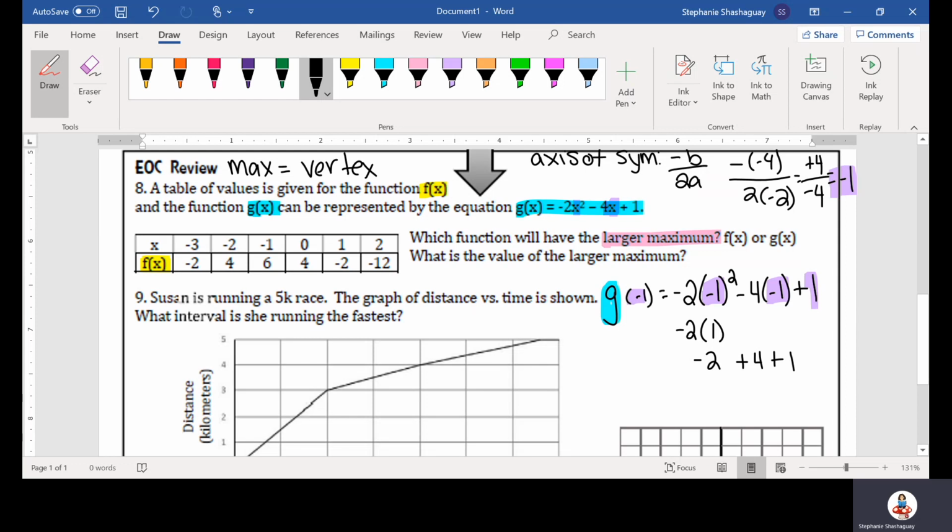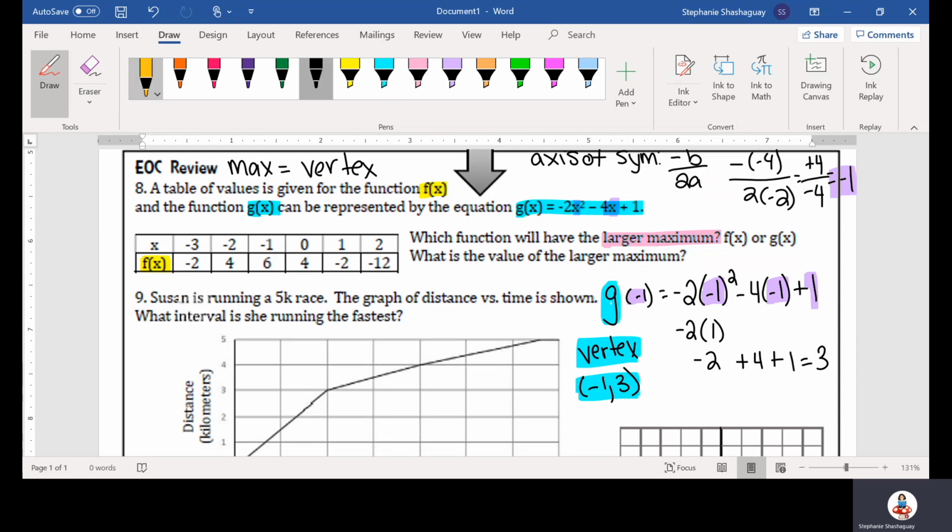So negative 2 plus 4 is 2, plus 1 is equal to 3. So the vertex of my g function is going to be negative 1 and 3. So the vertex of g of x is negative 1, 3.